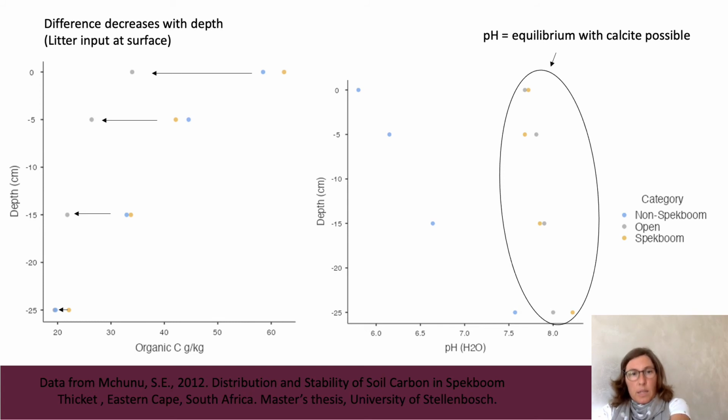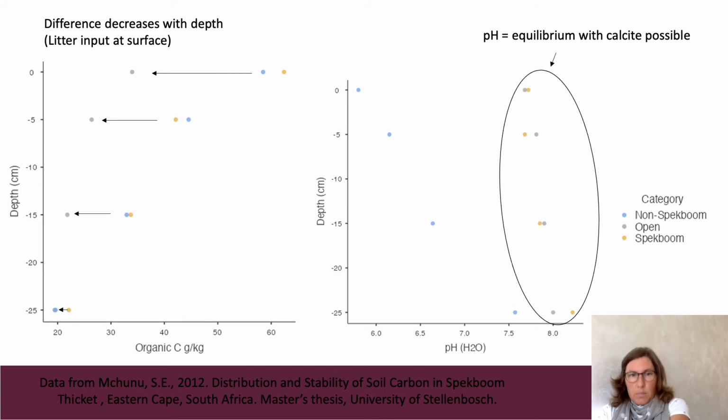If you have a look at the pH, same soil sample, same depth, we find that the open areas, which presumably were a Spekboom, but it's very hard to tell now because it's obviously been cleared, and the Spekboom itself, all the soils have a pH around 8. And at this pH, you can expect equilibrium with soil calcite.